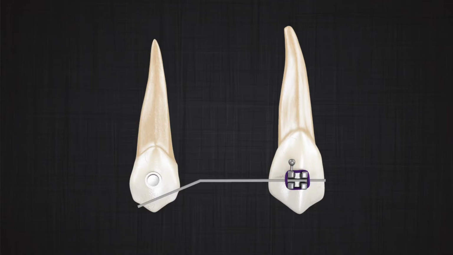Now, what happens if we do not change the position of the V-band and run exactly the same design of one-couple system, with this difference that this time we put a bracket on the canine and a button on the premolar? If you remember from the one-couple system session, we discussed that as we move the V-band farther away from the bracket, the magnitude of the forces and the moment decreases.